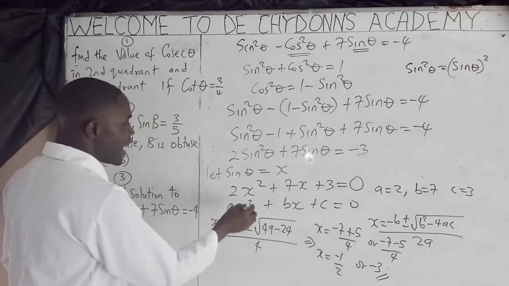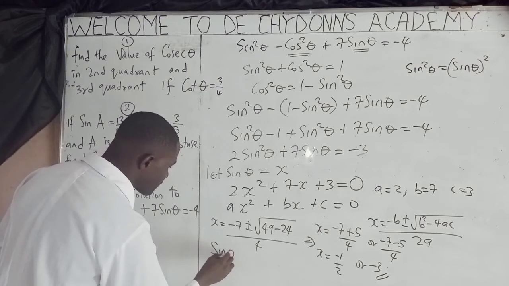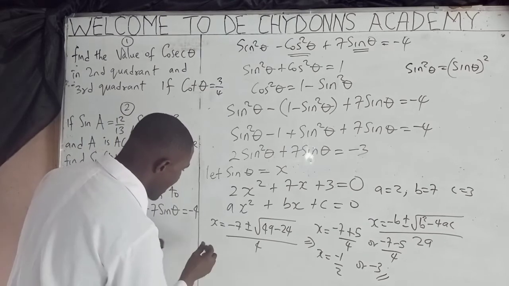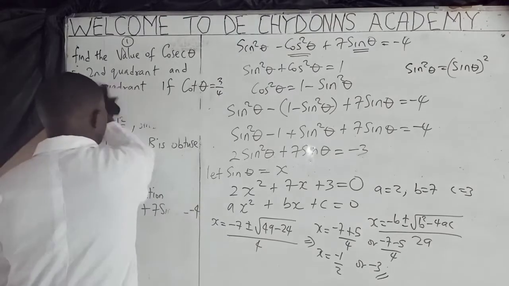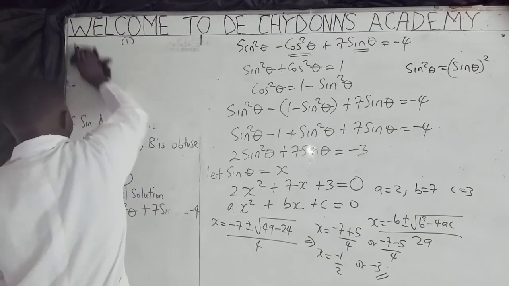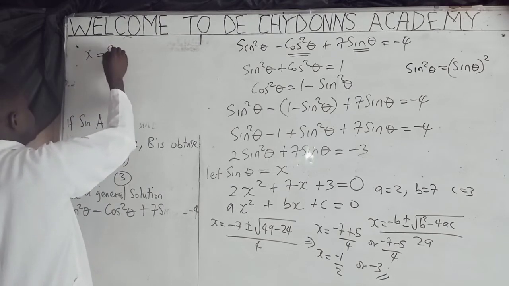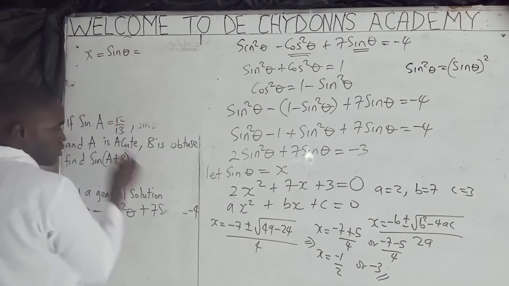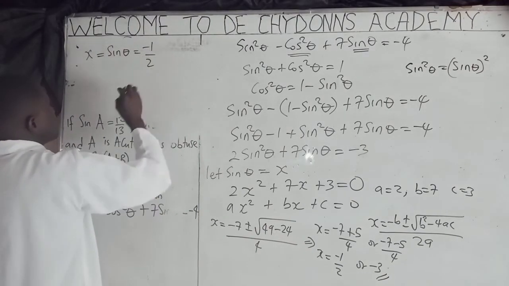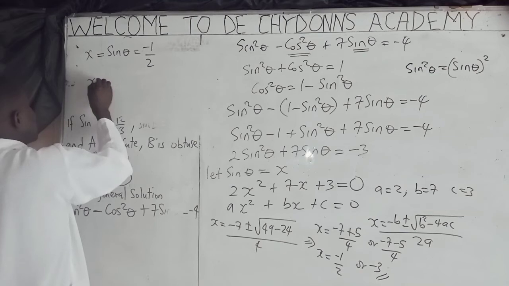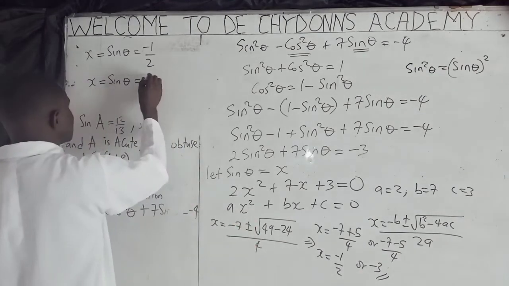Now, since you say let x be sin theta, sin theta equals, what is the first value? Minus 1 over 2. Then x equals sin theta equals minus 3.